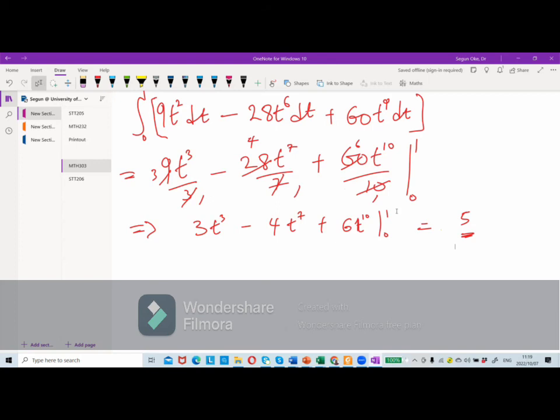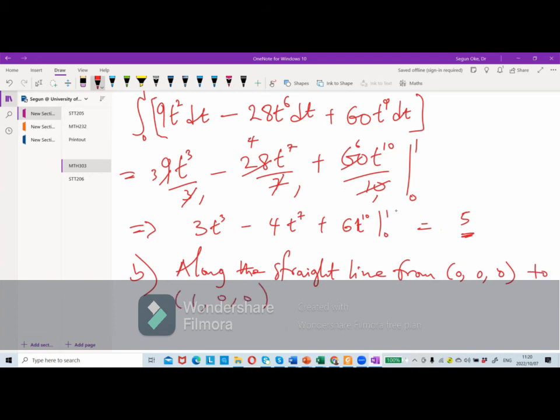Okay, if you want to solve the first one, B says along the straight line from 0, 0, 0 to 1, 0, 0. So it still varies in x, which implies that y equals 0, z equals 0, right?